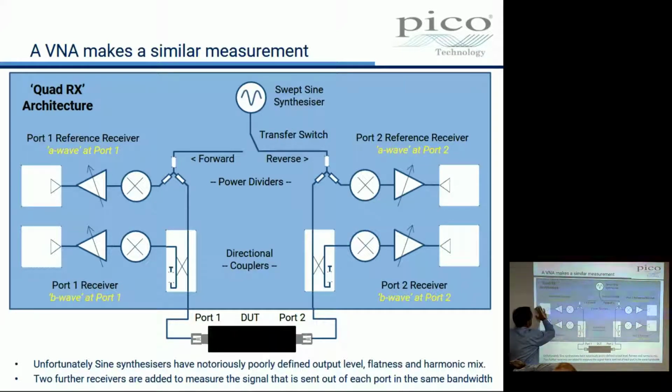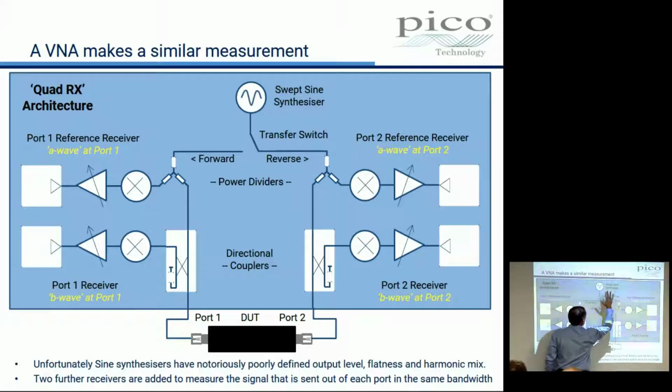And we're going to call the signal going through here, whatever it is, the A wave. Remember, we've already said the A wave is the incident wave. So the A wave is the incident wave that comes out of the VNA and hits the port on the DUT.